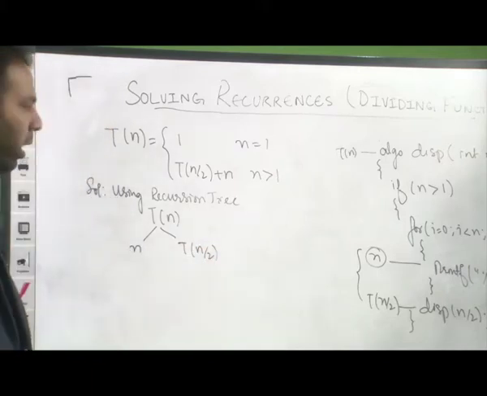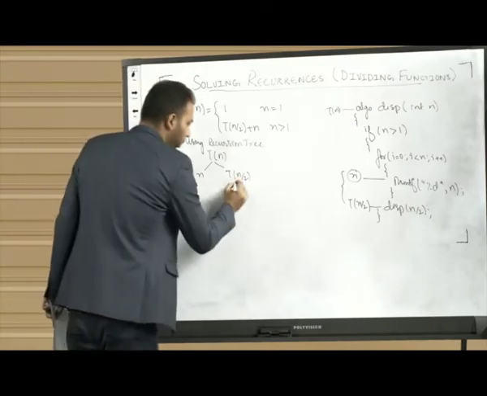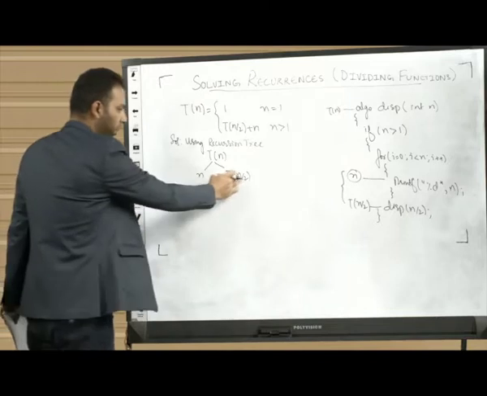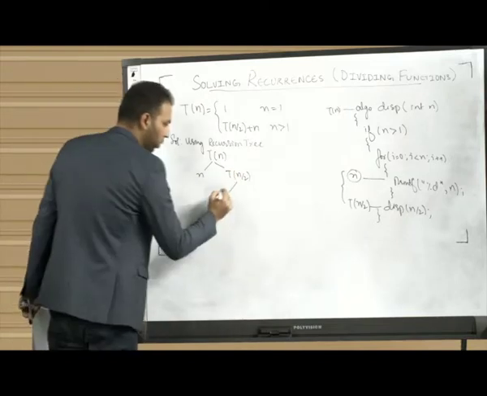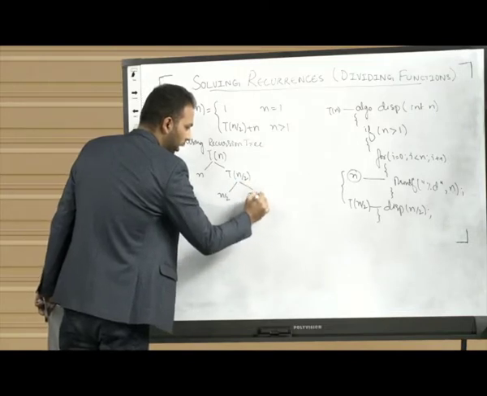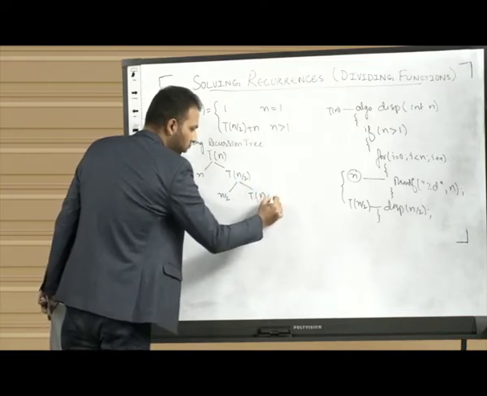Here it will only go for n by 2 time, plus it will call T of n by 2 square.